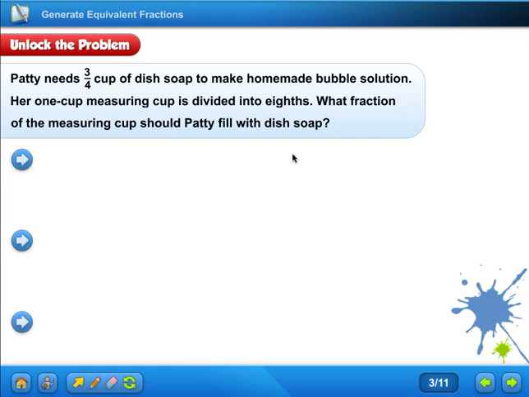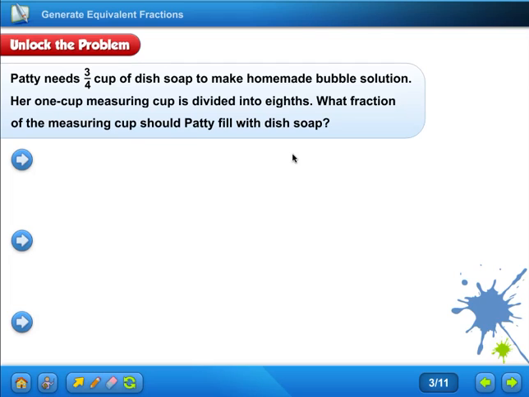All right. The question that they want us to answer is, Patty needs 3/4 cup of dish soap to make homemade bubble solution. Her 1 cup measuring cup is divided into 8ths.